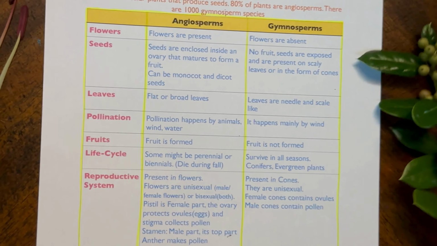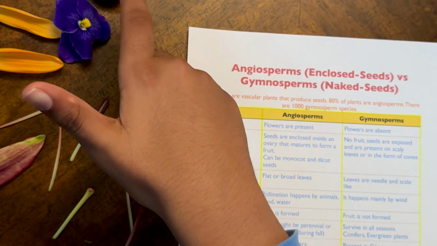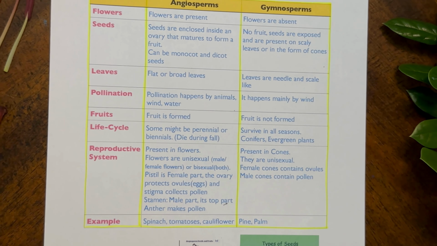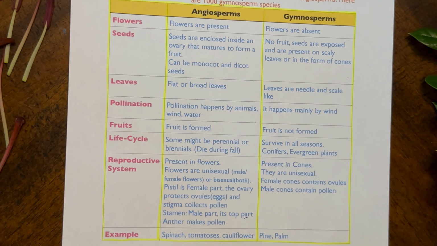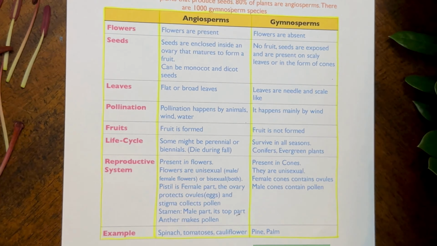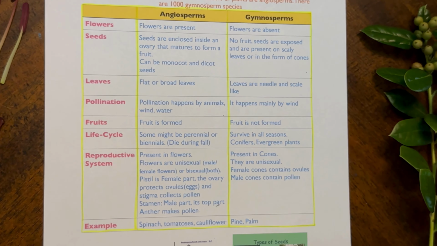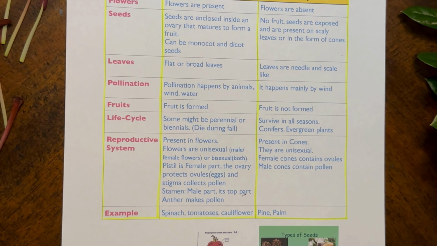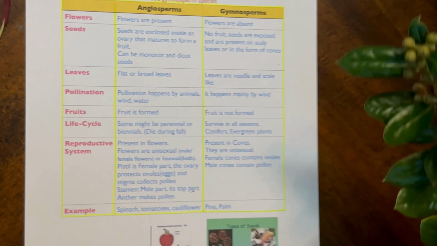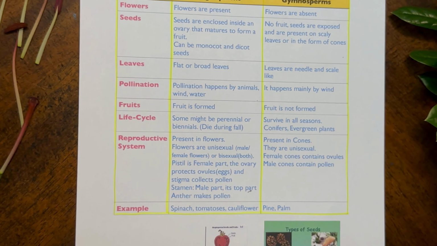Next, for pollination, like I said, angiosperms use animals, but gymnosperms use the male plant, where the pollen gets carried by the wind to the female plant. Then fruit is formed in angiosperms, or vegetables in this situation, but no fruit is formed in gymnosperms. Now, for the life cycle, gymnosperms survive in cold or dry seasons, but angiosperms survive in temperate, warm or tropical seasons.